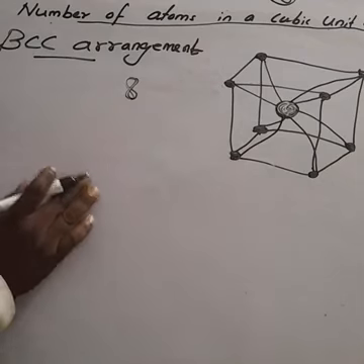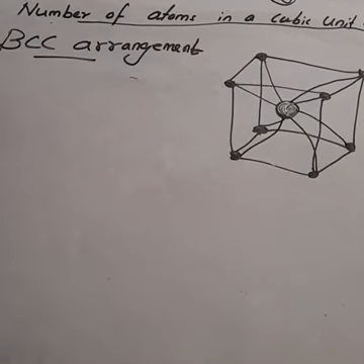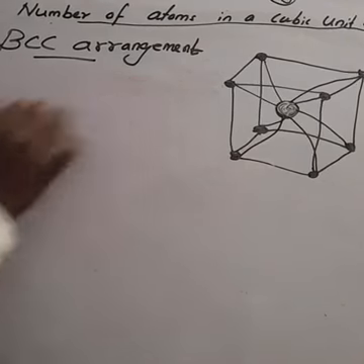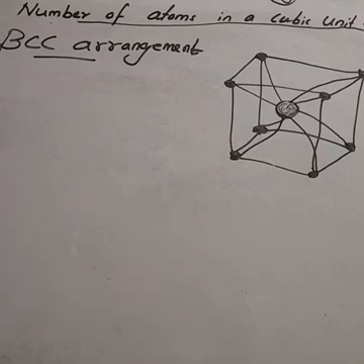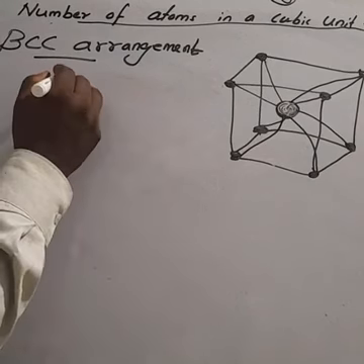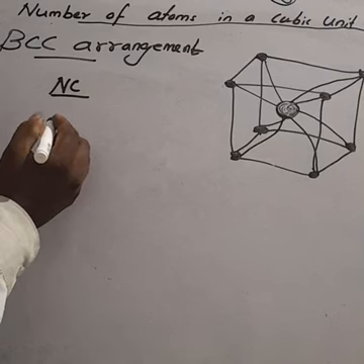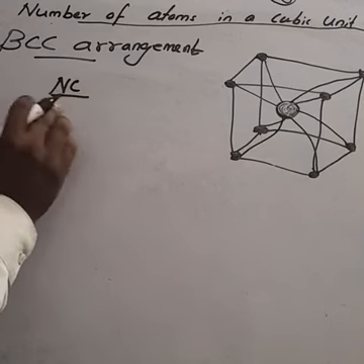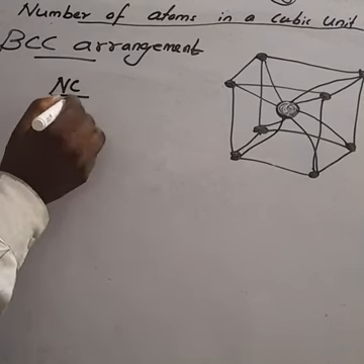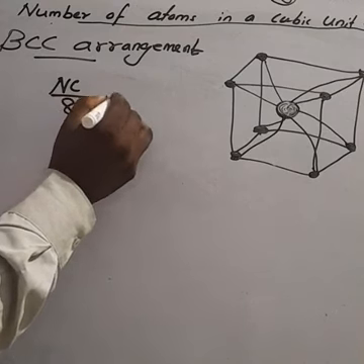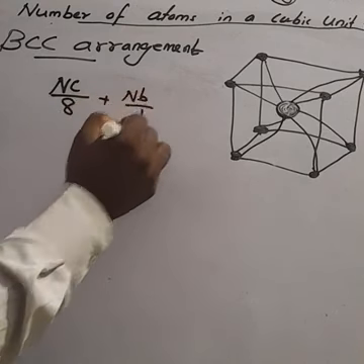Now, how can you find the number of atoms in BCC, that is body-centered cubic? That also has one formula. What is the formula? The number of atoms in a body-centered unit cell is equal to NC divided by 8 plus NB divided by 1.